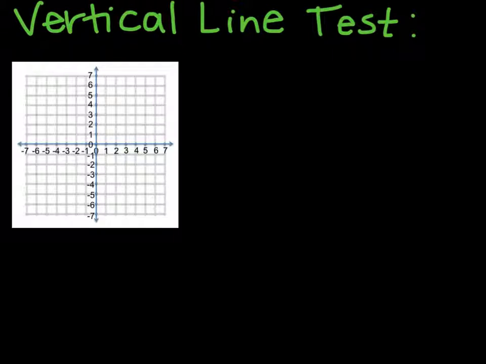I'm going to plot 5 ordered pairs on this graph. And then we're going to use the vertical line test to determine if our representation is of a function or a relation that is not a function. So our first point is 0, 3. Our second point is -4, -2. Our third point is -1, -2. Our fourth point is 2, -2. And our final point is 3, 3. All right. So I'm going to use the vertical line test by drawing a vertical line through each point.